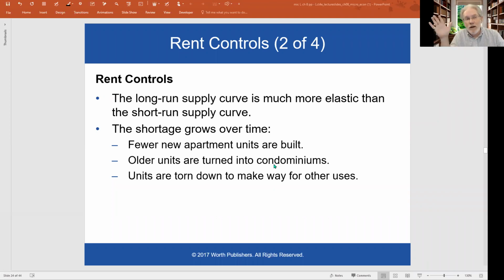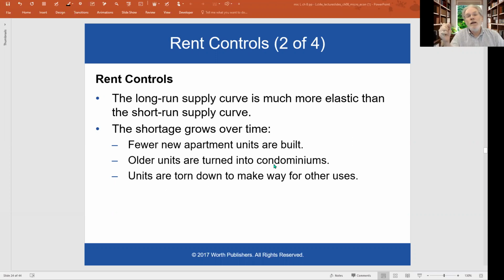So you could have an apartment complex where it's owned by one person or one business, and they're renting out to the separate tenants. When rent control is imposed, that means that the rent that can be charged to each tenant is now going to be less than before.